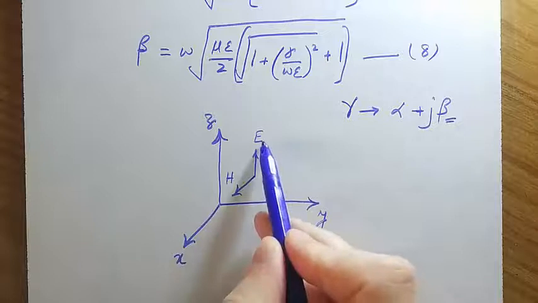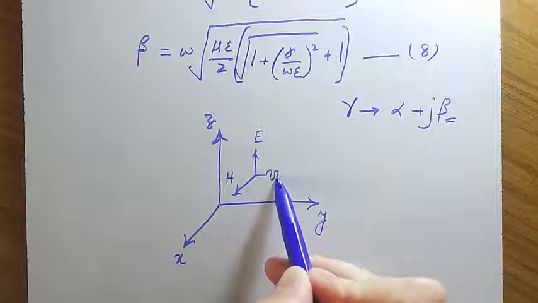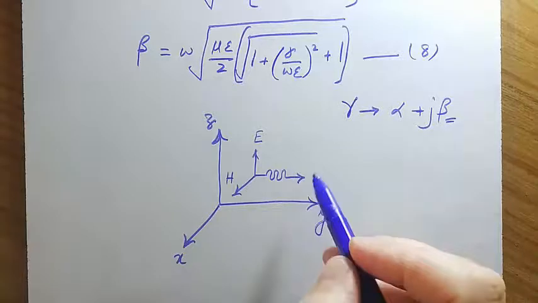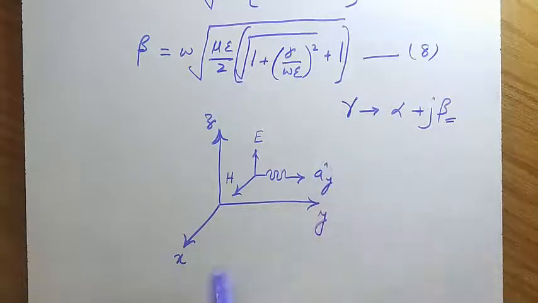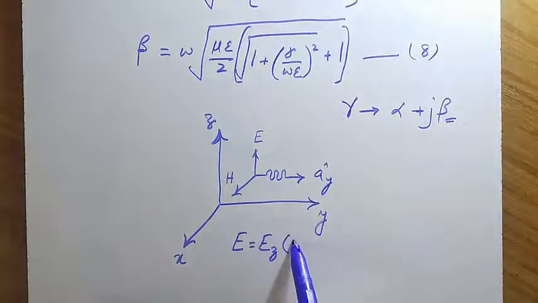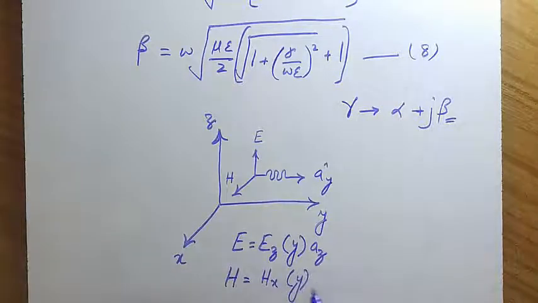So we have an Ez component and an Hx component, and the direction of propagation of the wave is along the y-axis, so the direction of propagation is ay. E is equal to Ez, which is a function of y, in the direction of z, obviously. And H is Hx, a function of y, and the unit vector is ax.